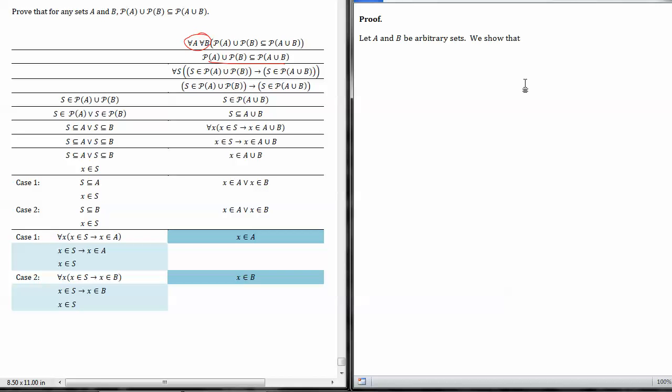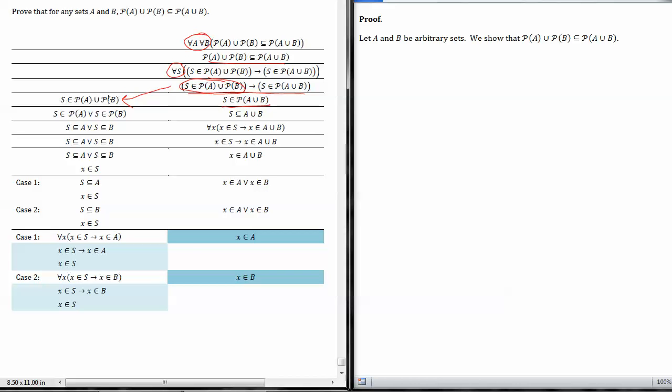We show that power set of A union power set of B is a subset of power set of A union B. And then we have another quantifier, so we let S be arbitrary, and this is our new goal. And then to prove that conditional statement, we bring the antecedent over as a given and take the consequent as our goal. Okay.